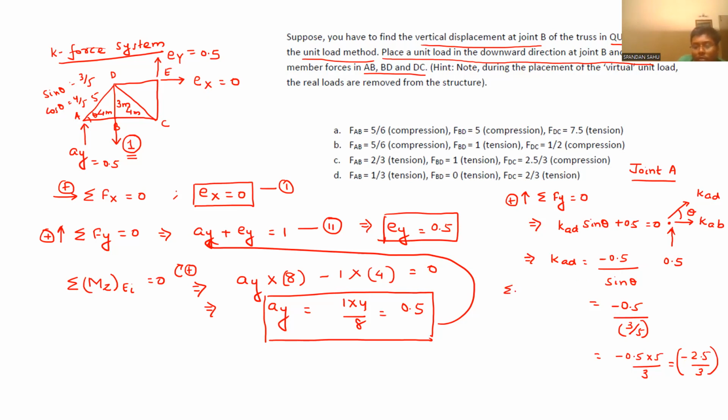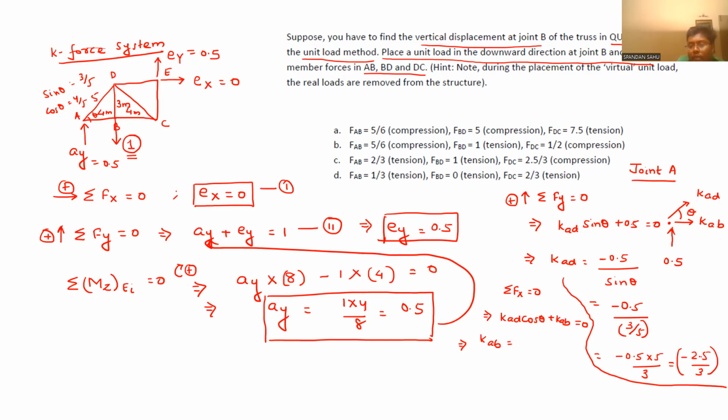Now we can do summation of Fx equal to 0. Then we will get KAD cos theta plus KAB equal to 0. This implies KAB will be equal to minus KAD.